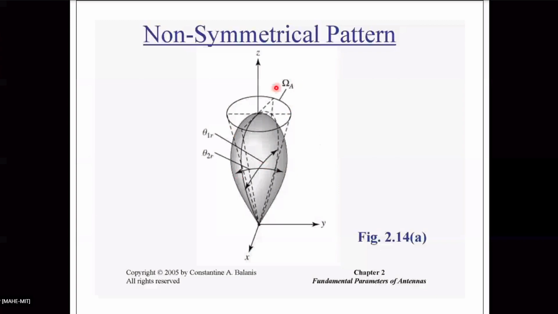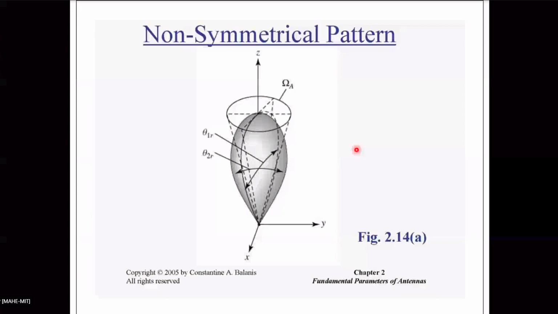So omega A is nearly equal to theta 1r into theta 2r, both expressed in radians. Is it clear?